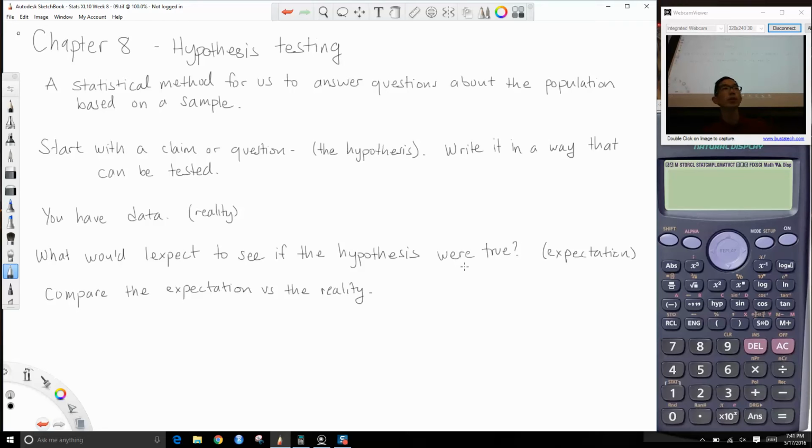If they are very different, that would give us an indication that our hypothesis is wrong.